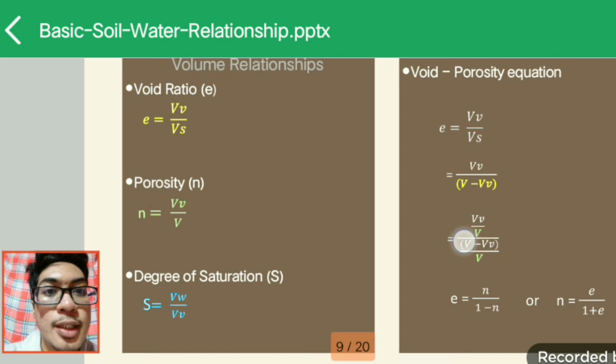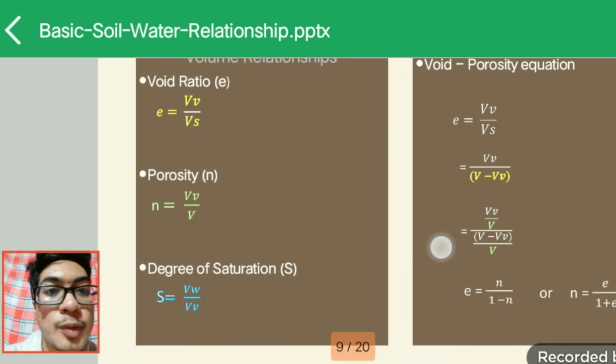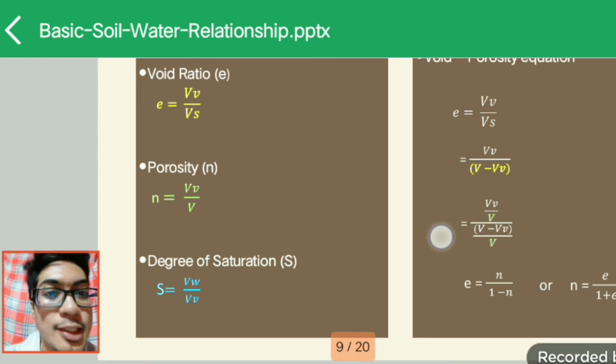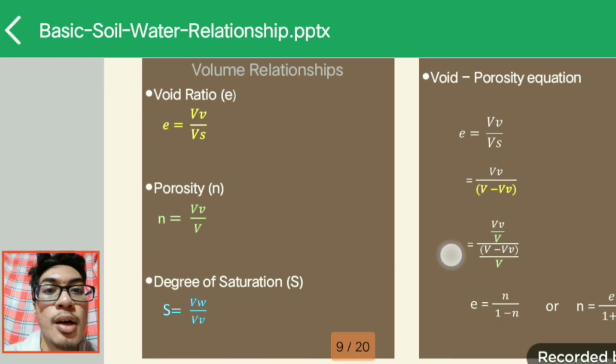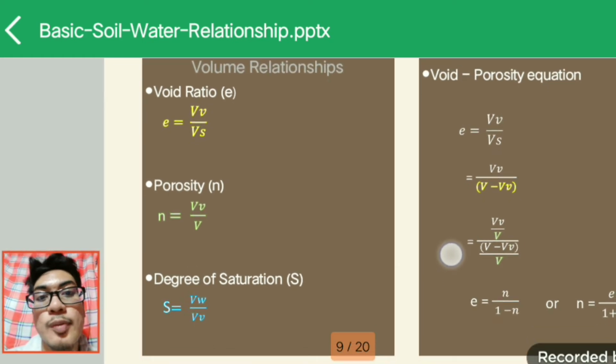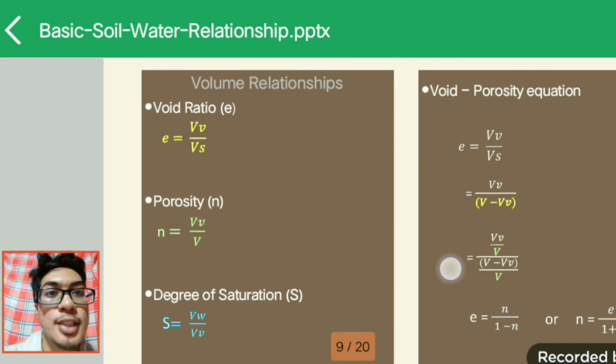Then porosity, that's n, is volume of void over total volume. And then degree of saturation is just the comparison of the volume of water to the volume of void. That's it for the volume relationships.